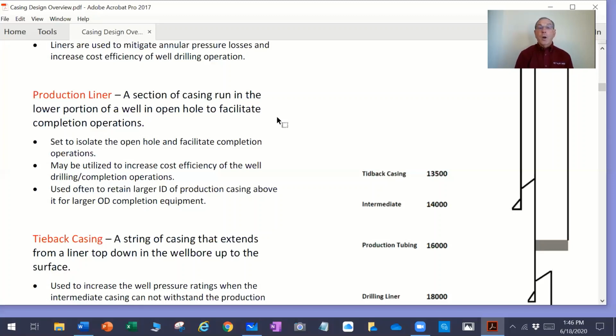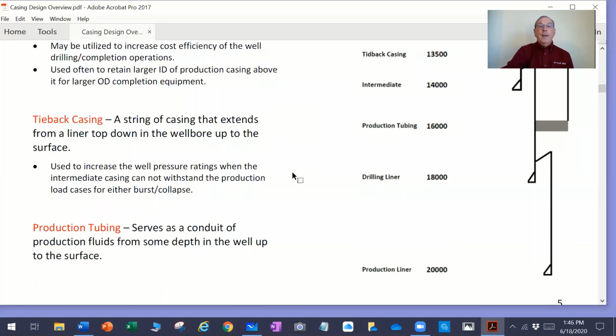And then we want a larger ID up at the top if the OD of the subsurface safety valve is going to be maybe something like 6 inches OD. So we'll retain that large ID to put some safety valves and other completion equipment in.